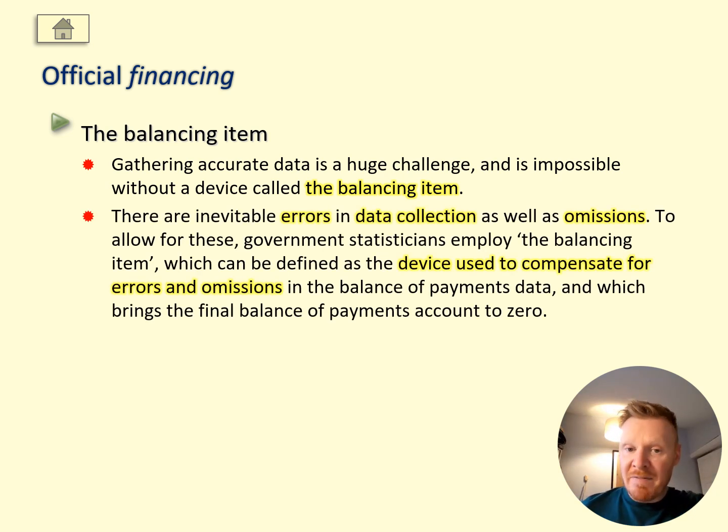So there are inevitable errors in data collection, as well as things that are just missed, omissions. To allow for these, the government statisticians employ what we call the balancing item, which can be defined as the device used to compensate for errors and omissions in the balance of payments data, and which brings the final balance of payments account to zero, because as the name suggests, balance of payments, the accounts have to balance.